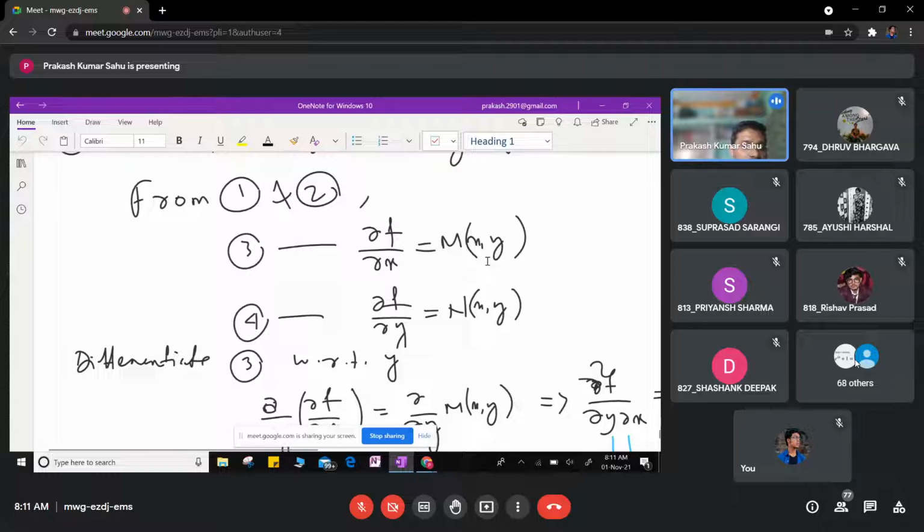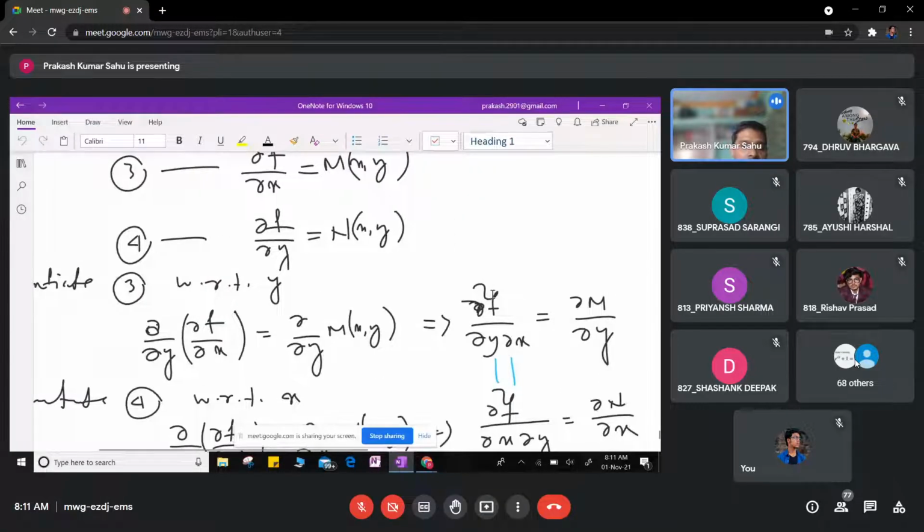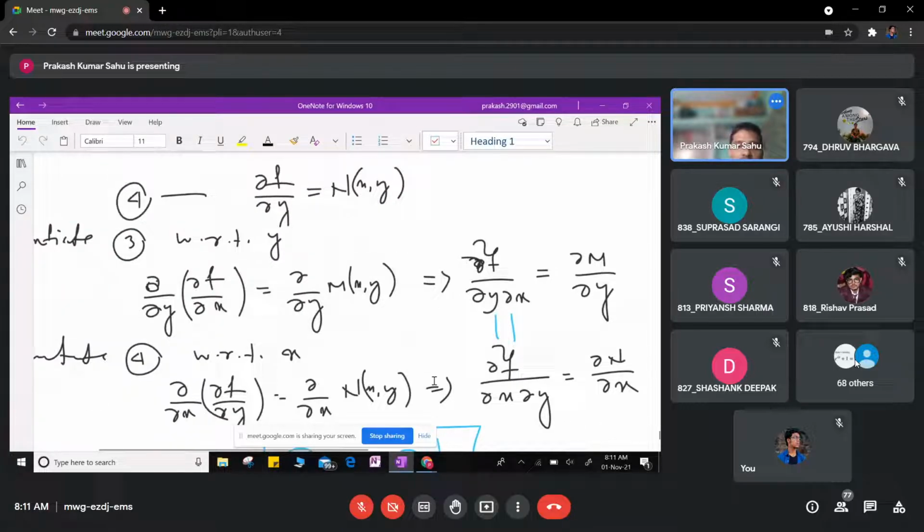If you differentiate equation 3 with respect to y, then you will get del square f by del y del x is equal to del M by del y. Similarly, if you differentiate equation 4 with respect to x, then you will get del square f by del x del y is equal to del N by del x.